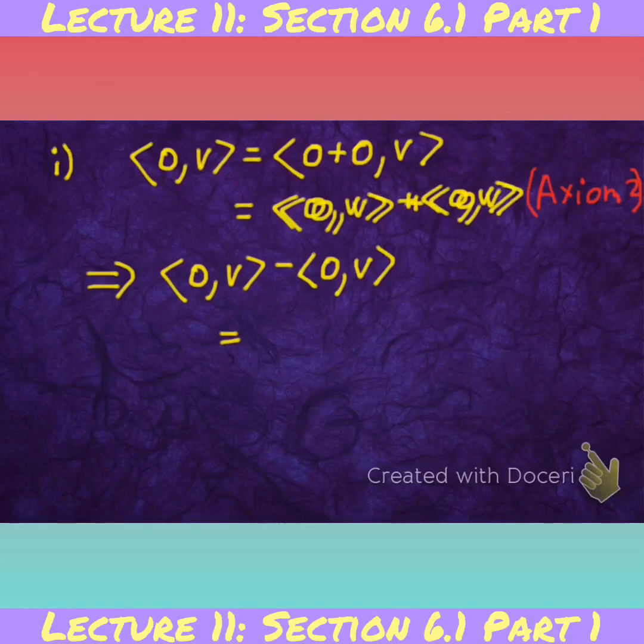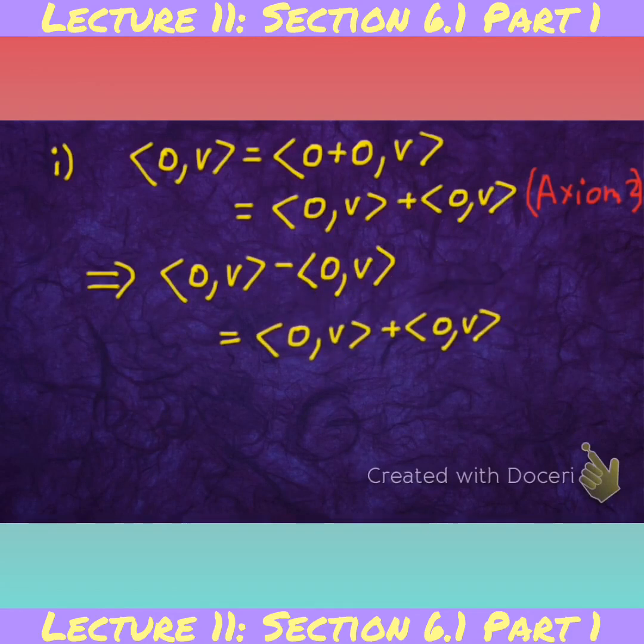I've not changed anything: what I've done on the left, I must do on the right. So I subtracted on the left the inner product of 0 with v, so I also need to do that on the right hand side. Okay, so that's going to imply that this part here is going to become 0.